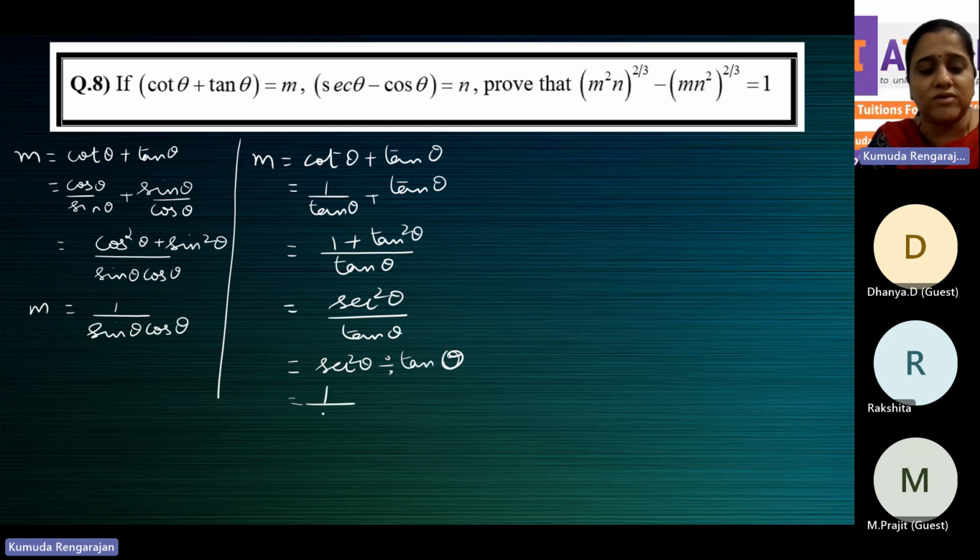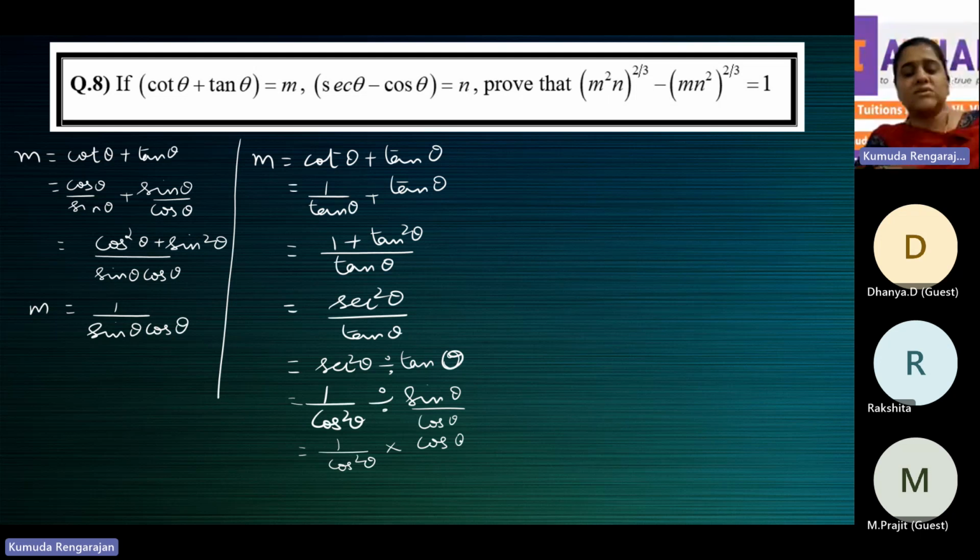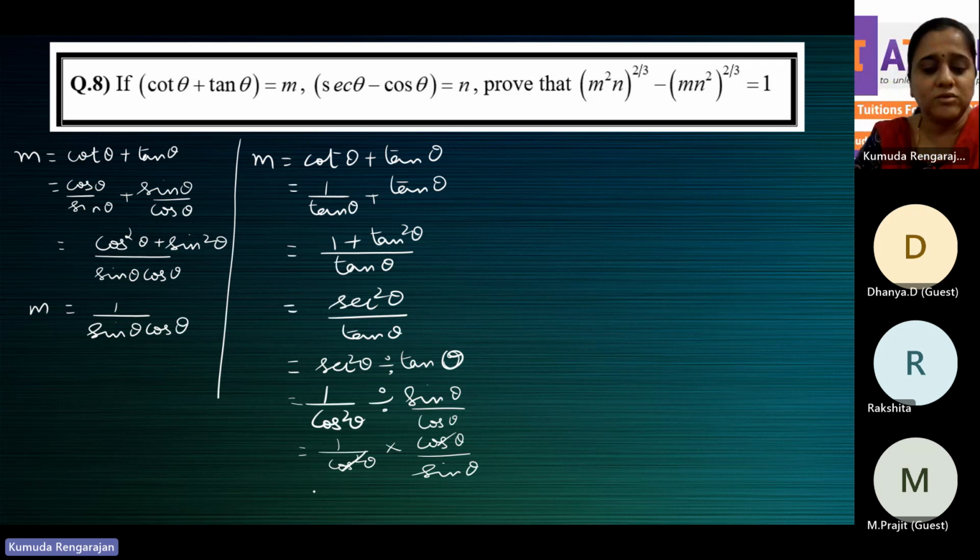What is secant square theta? 1 by cos square theta, divided by sine theta by cos theta. So division becomes multiplication and reciprocal, into cos theta by sine theta. Now this cos theta and this cos square theta get cancelled, correct? So what do you get?